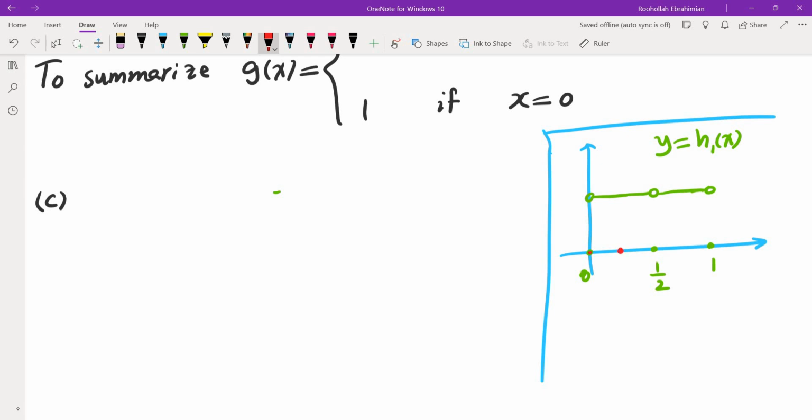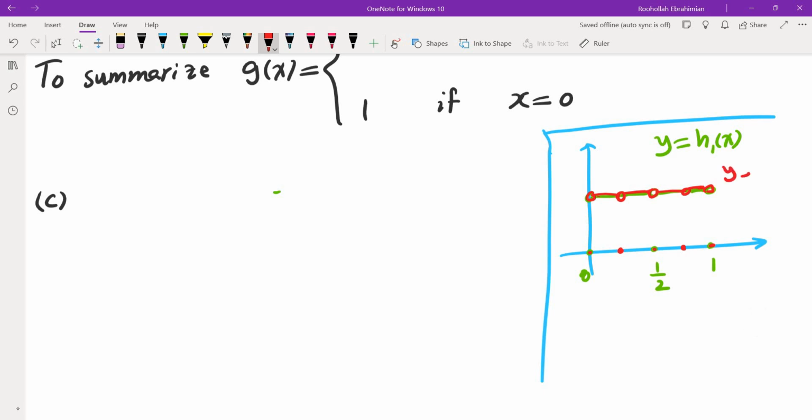So it would be 0/4, 1/4, 2/4, 3/4, and 4/4. At those points you get 0, and you're going to have holes here, so it would be similar to the previous one except for a couple extra holes.